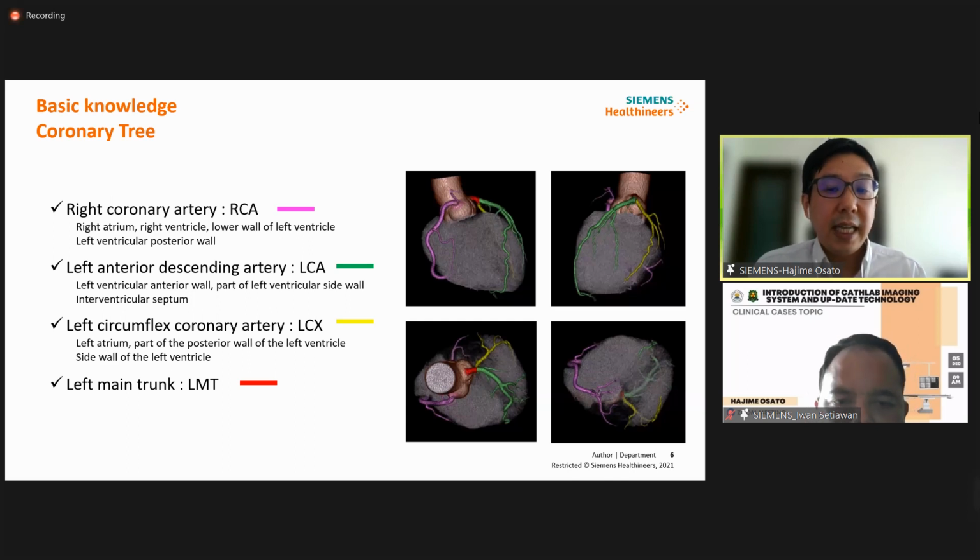LAD and LCX are derived from the left main trunk. If the left main trunk is occluded, the blood flow won't supply the left ventricle wall, so blood circulation will be stopped. This is a quite severe situation. Reperfusion is necessary as soon as possible.